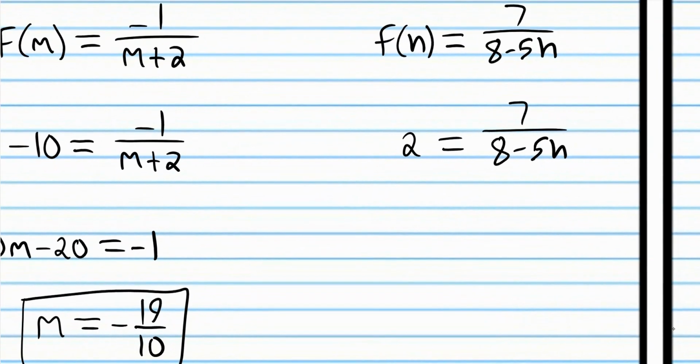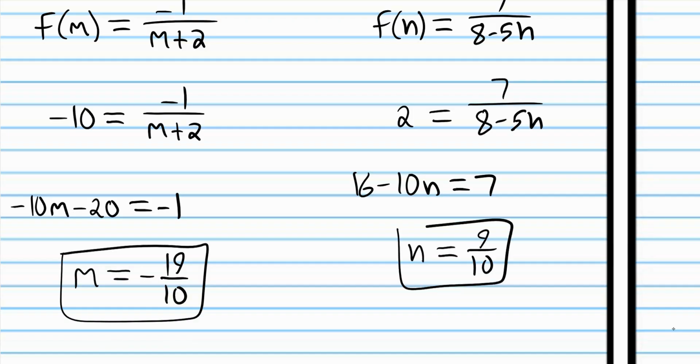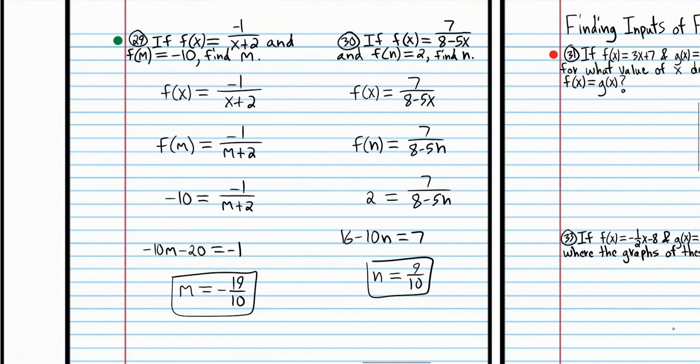Multiply both sides by 8 minus 5n, and we get 16 minus 10n is equal to 7. Subtract 16 from both sides, and we get negative 9, and then divide by negative 10, and we get 9/10. So we got that problem. Good job.